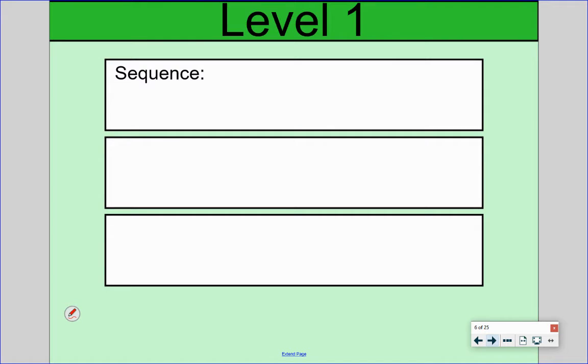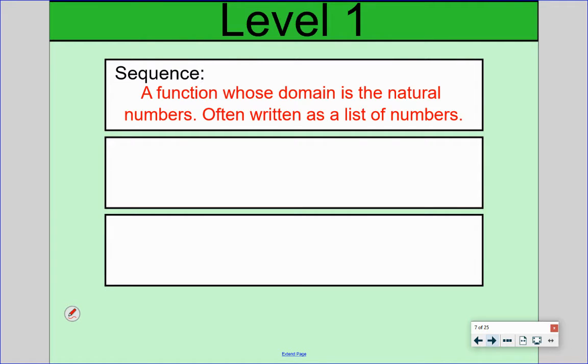We're also going to define today and talk about these vocabulary words, sequence. A sequence is a function whose domain is the natural numbers, often written as a list of numbers. Okay, well, let's define what those natural numbers are.